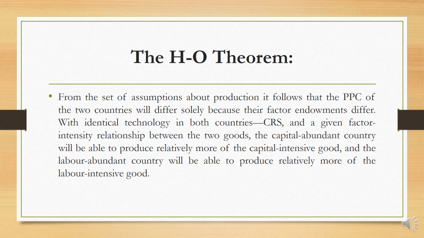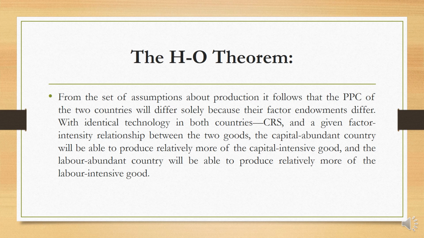With identical technology in both countries, that is, the CRS, constant returns to scale, and a given factor intensity relationship between two goods, the capital abundant country will be able to produce relatively more of the capital intensive good, and the labor abundant country will be able to produce relatively more of the labor intensive good.